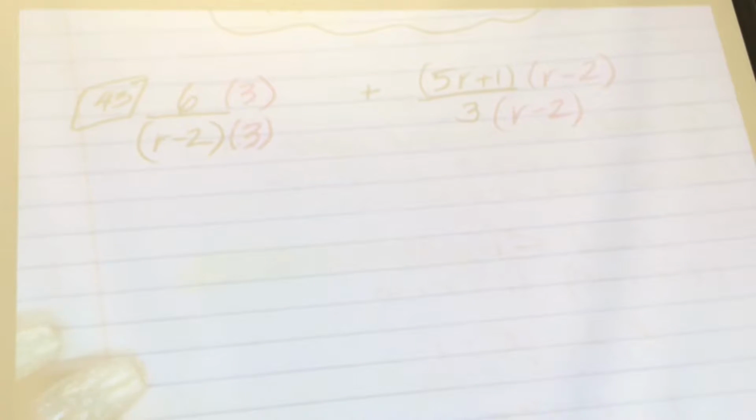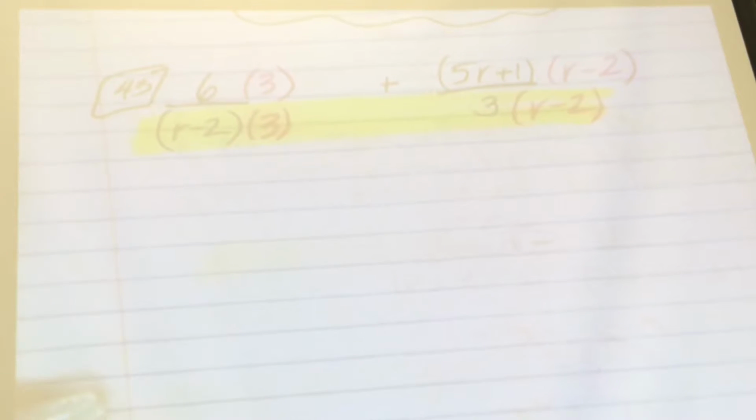This guy has an r minus 2, so this guy needs an r minus 2. This says 3 times r minus 2. This says 3 times r minus 2. Grab your highlighter. Now you know you're ready because the denominator is the same. Once the denominators are the same, now you can move on.